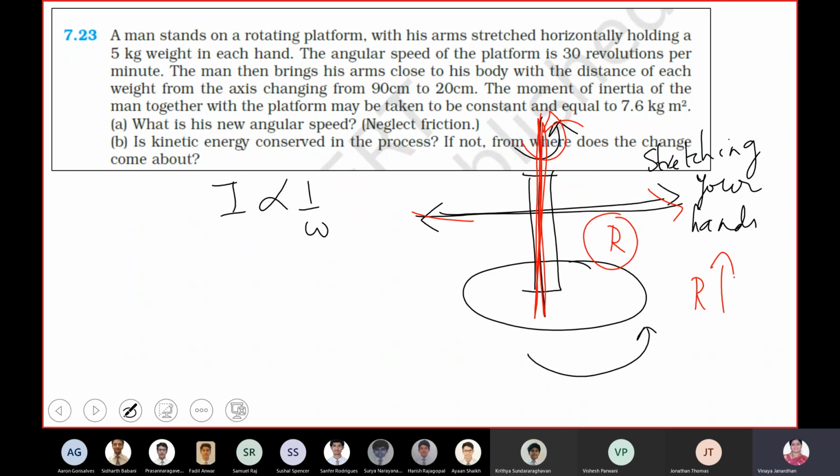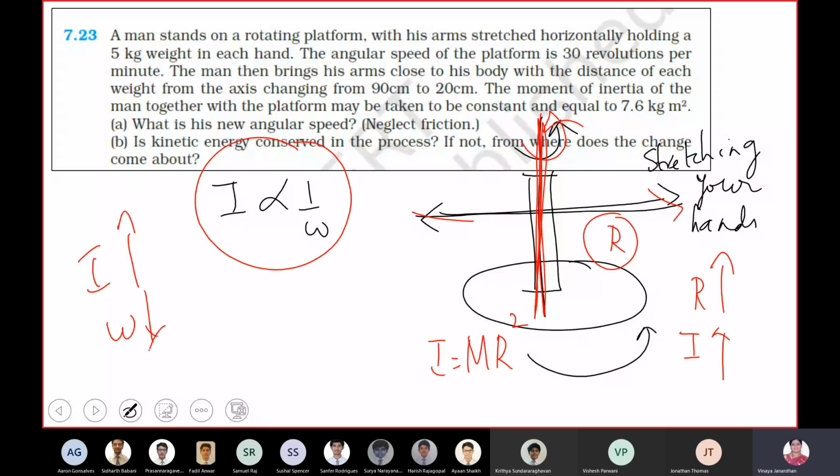What is moment of inertia? mr squared. When R increases, I also increases. When I increases, omega should decrease. That is why when you stretch your hands on a turntable, your speed of rotation will be less.